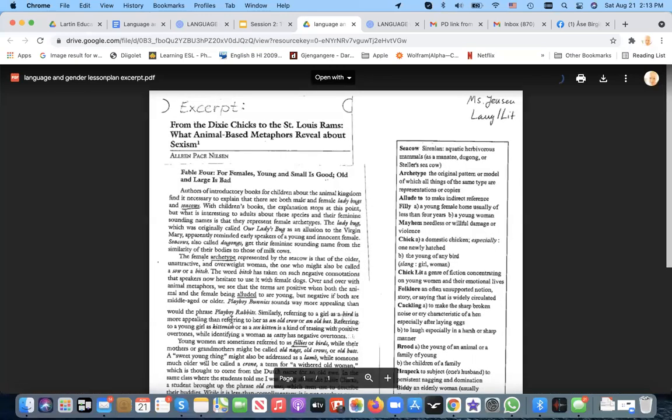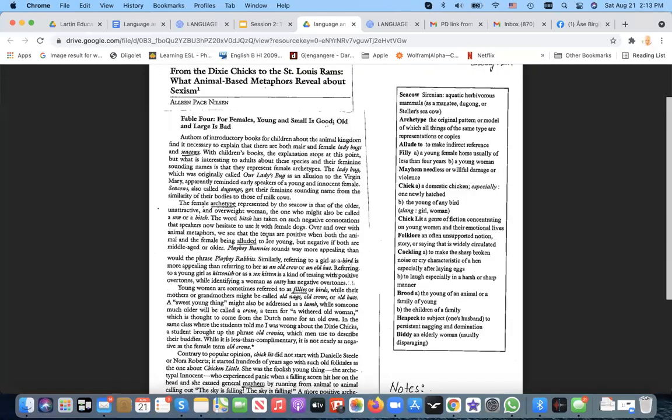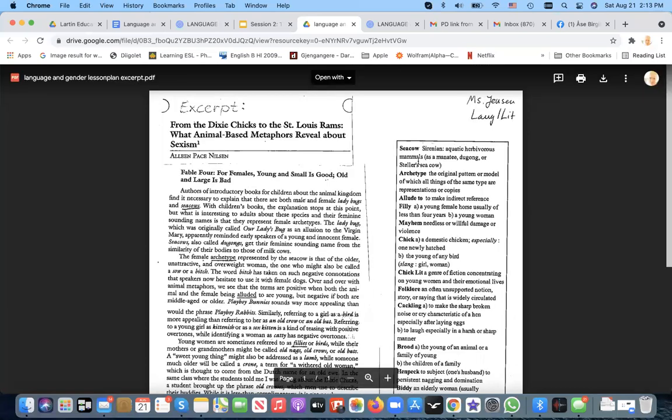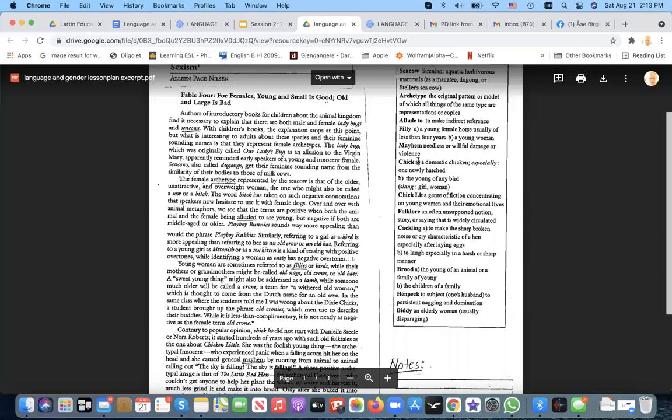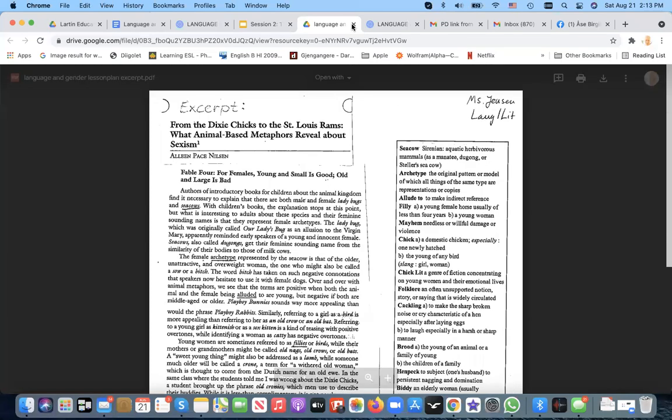That's also a good strategy with your students if you have difficult vocabulary: give them a little bit of a head start by defining some of the words so that they can read and not have to look up every word. Especially because I normally teach this in the classroom.